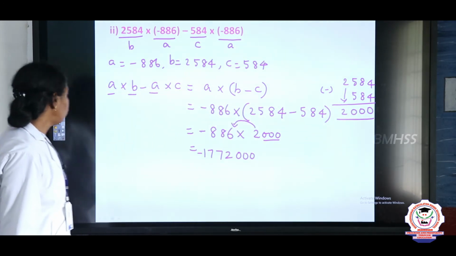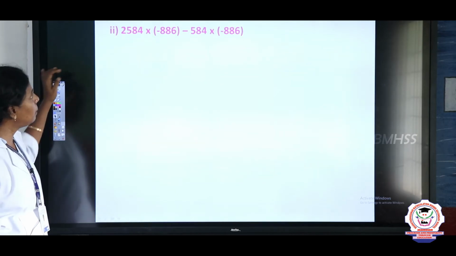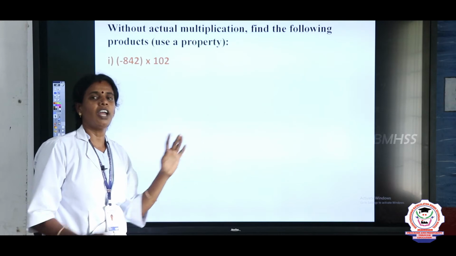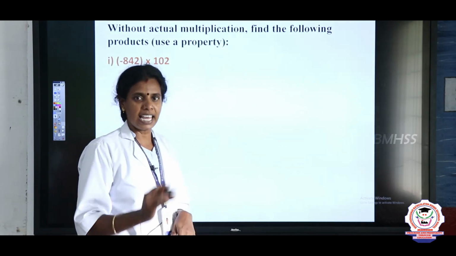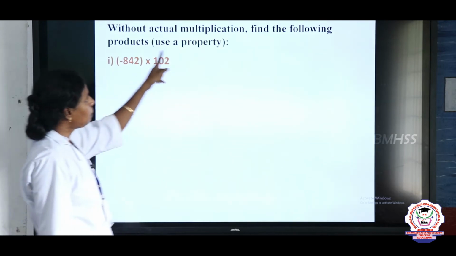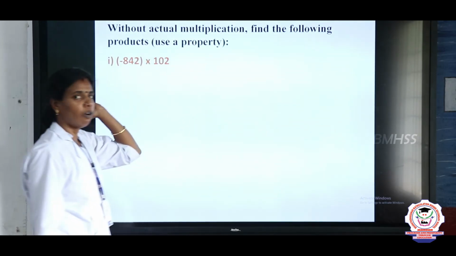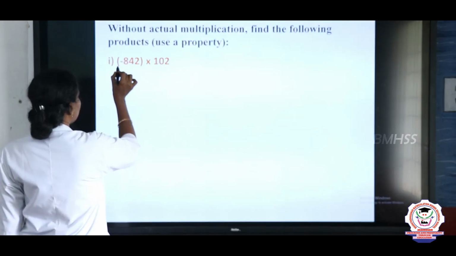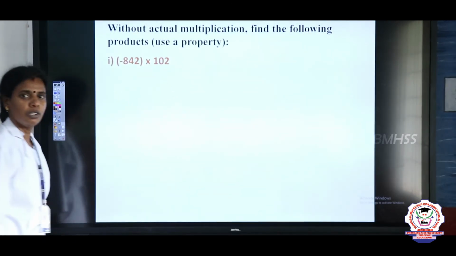The next method we are going to see is where the question will be in the form of A into B plus C, and we are going to find it with A into B plus A into C. The question is: without actual multiplication, find the following product using the property. Now, here minus 842 into 102 is the question.